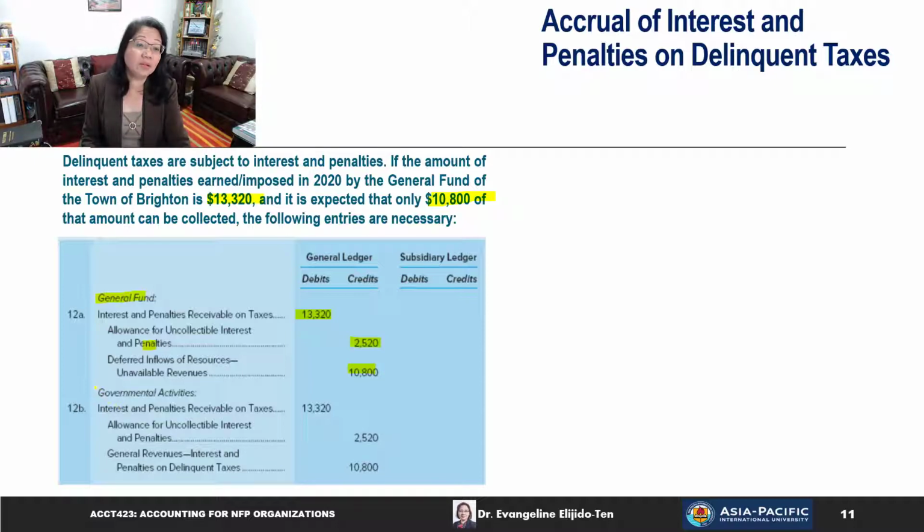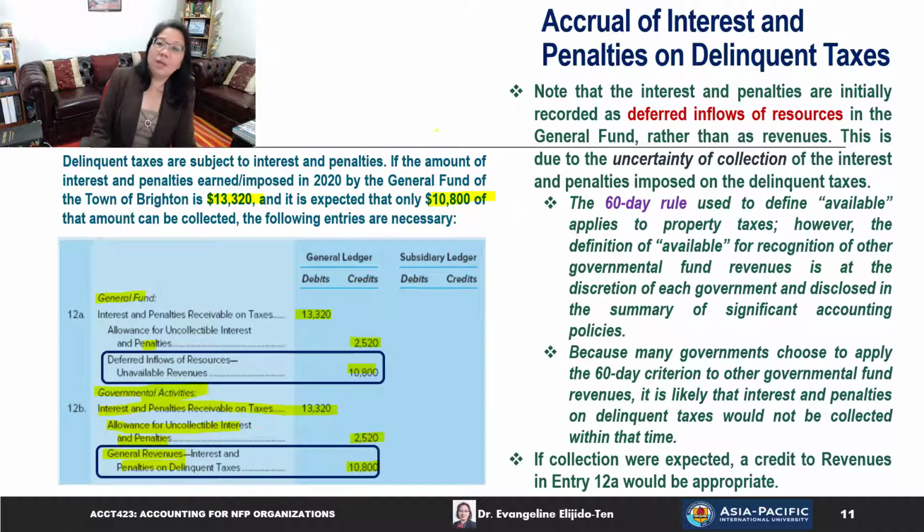Now, in the governmental activities, the journal entry is similar with the exception of one thing. We'll also debit interest and penalties receivable on taxes, 13,320. That's exactly the same. We'll also credit an allowance for uncollectible interest and penalties, 2,520. But instead of crediting deferred inflows of resources, we are crediting general revenues, interest, and penalties on delinquent taxes for $10,800.